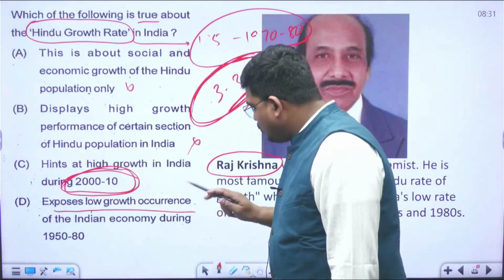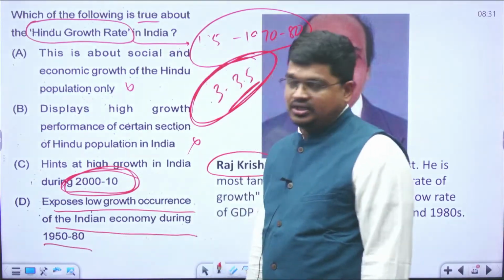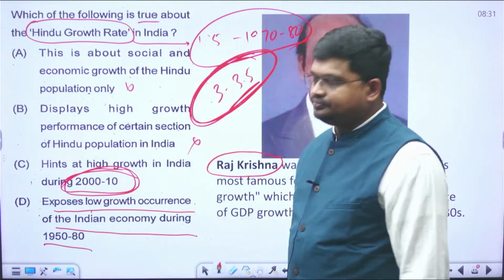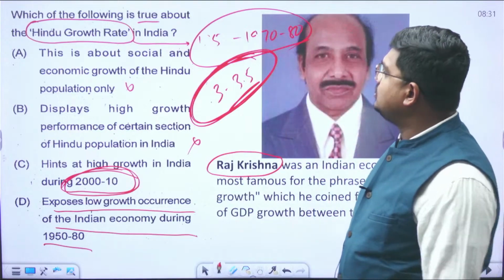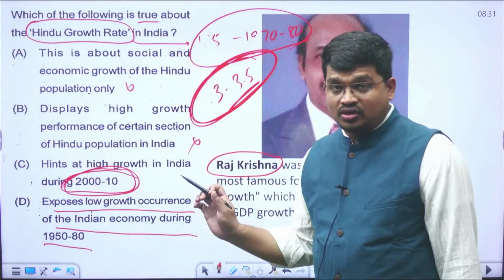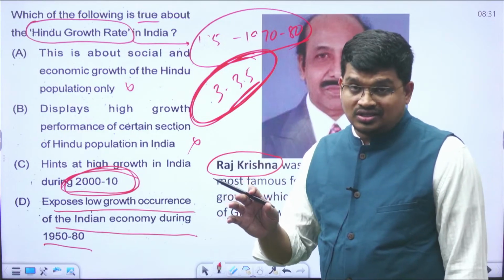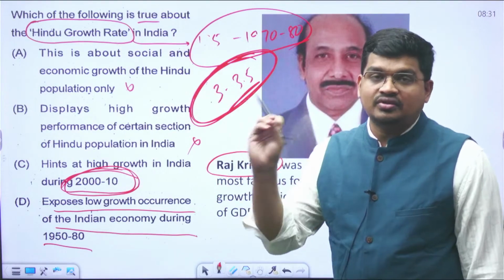Exposes low growth occurrence of the Indian economy during 50 to 80. So low growth is what? This is the low growth rate. So Hindu growth rate is the low growth occurrence during these 30 years from 1950 to 80.